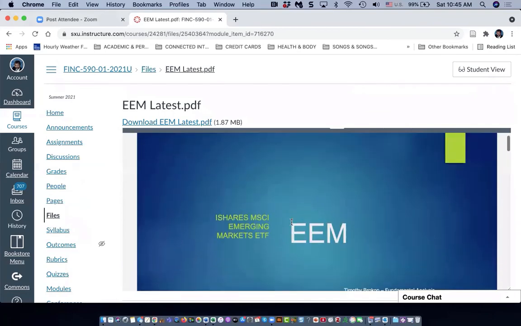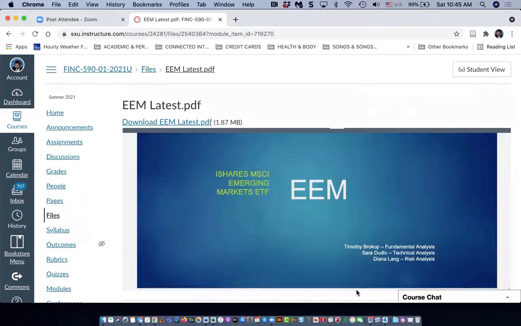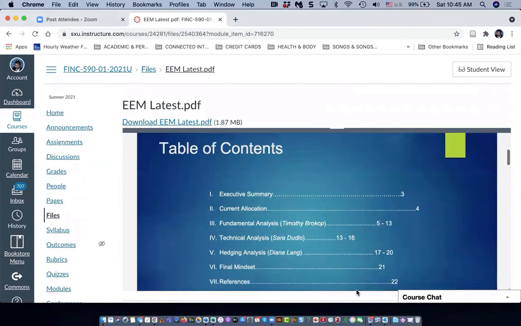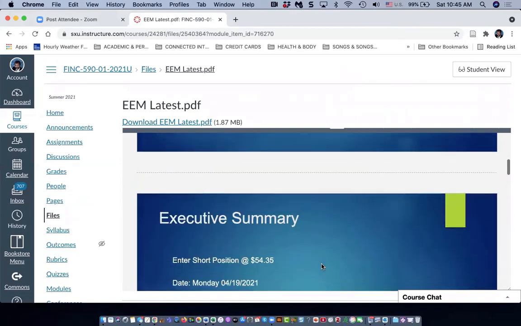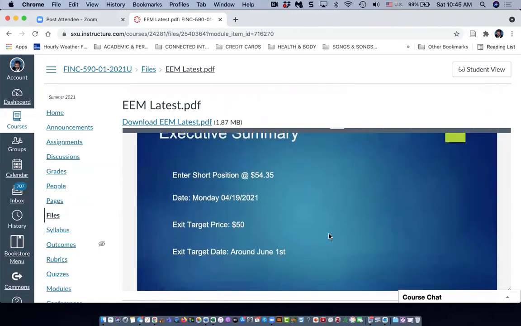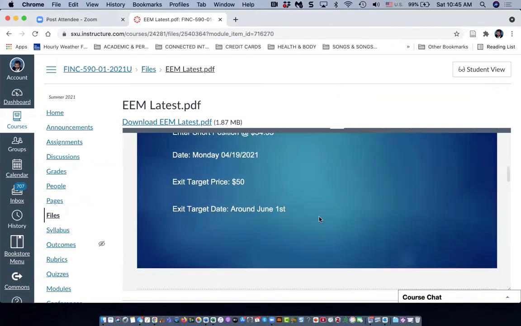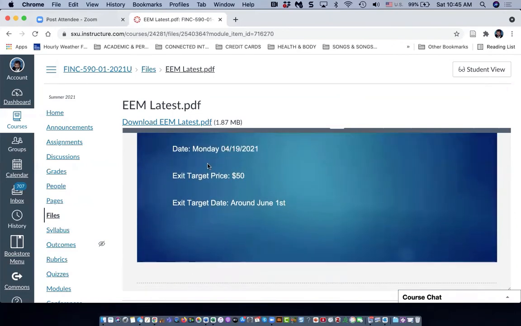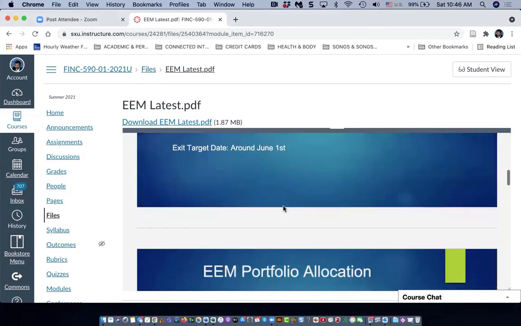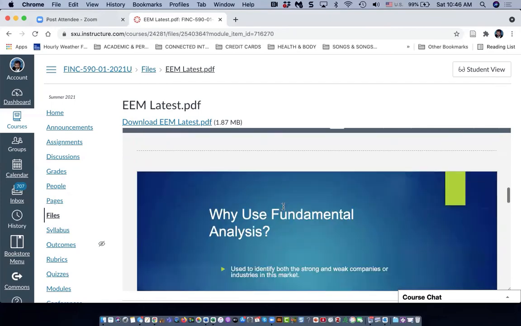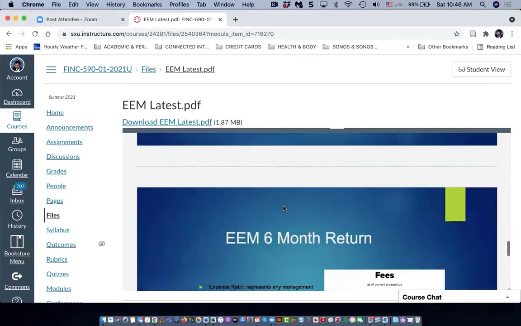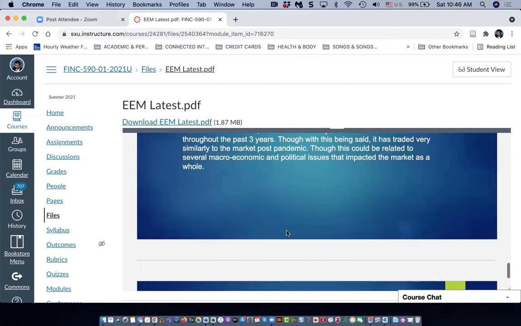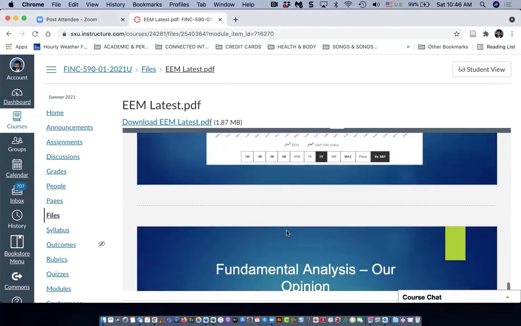So here they have a different way of stating things. And then again, same thing, executive summary, allocation, final mindset, all of those. And what did they do? Enter short position, and then date of last this April, and then same way they dealt with ESG right at the front.